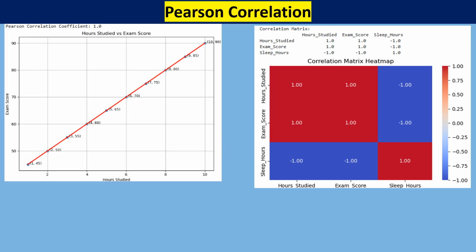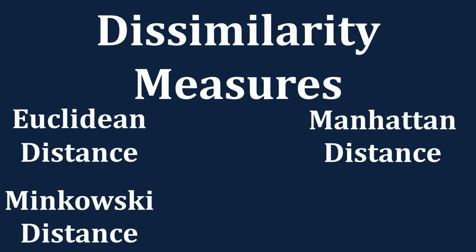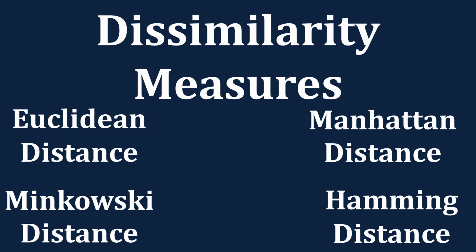We can say the more you study, the better results you get. In the next part of the dissimilarity measures, we will discuss Euclidean distance, Manhattan distance, Minkowski distance, and Hamming distance.